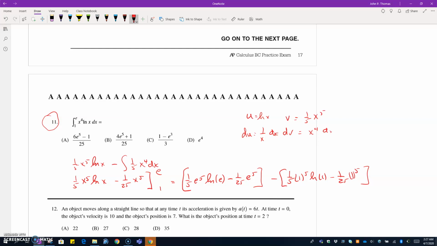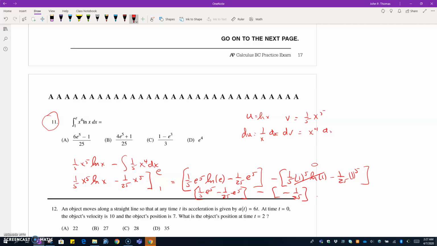I need to evaluate these now. I've got 1/5 e to the 5th times 1, minus 1/25 e to the 5th, minus, over here ln of 1 is 0, so this goes to 0, and I've got a negative 1 over 25.